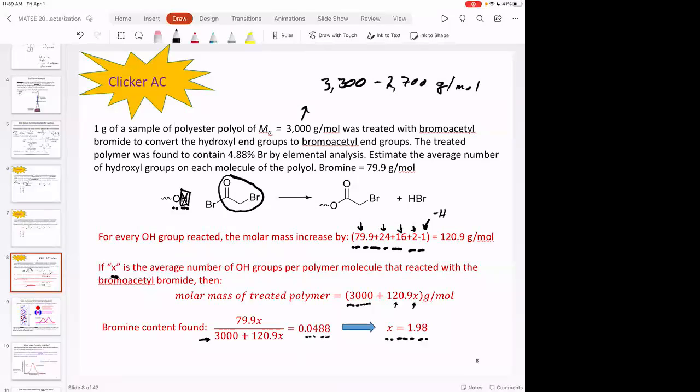So don't be afraid when you see numbers like 1.98 and wonder what 1.98 N groups per polymer chain means. That is an average of the distribution, right? So that's just a little soliloquy on you're not going to get perfect numbers when you're dealing with characterization.